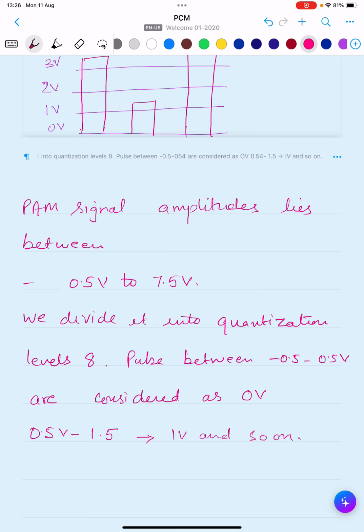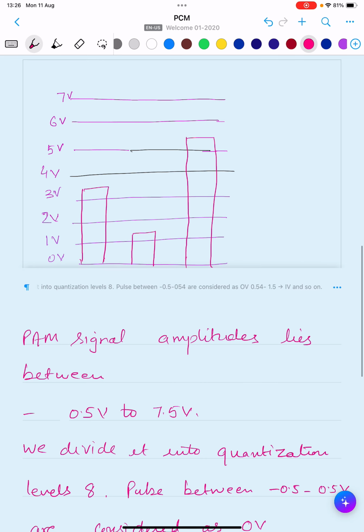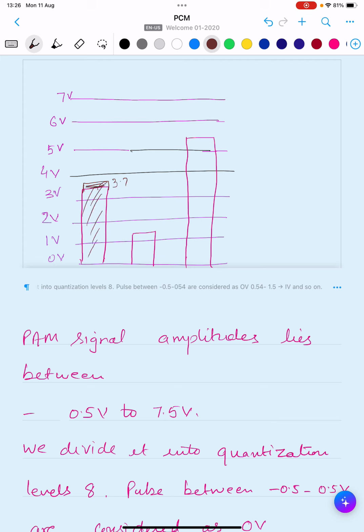Now if you look at the pulses in the diagram, the pulses A, B and C: let's say the first is close to 3.7 volts, the next is close to 1.2 or maybe 1.1 something, and the last one is close to, let's say, 5.6 volts.